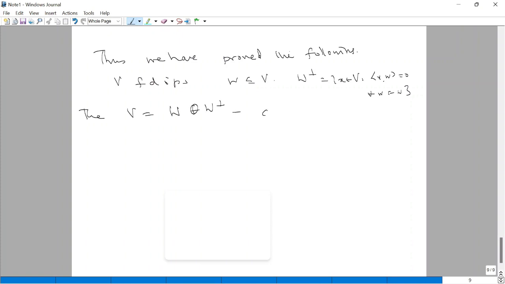And this is called orthogonal direct sum because each vector of W is orthogonal to each vector of W perp. We already learned direct sum, but this is something special. Now geometry comes. Any vector in W is perpendicular to any vector in W perp. Let's go back to the R3 example we gave. You can see that. So this is what we have done today.